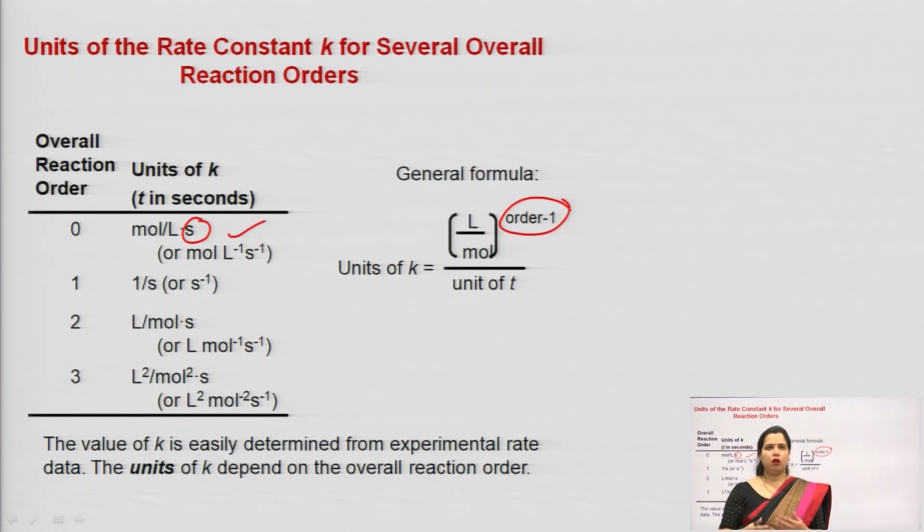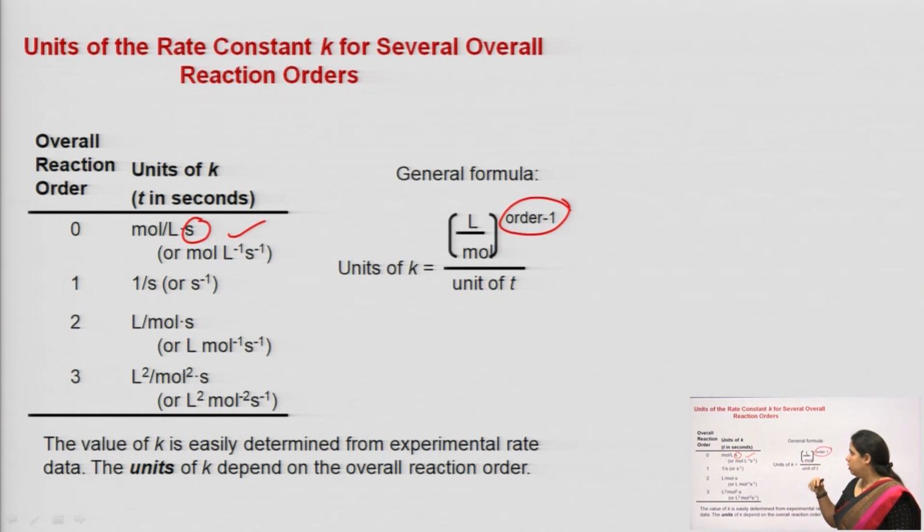So, we can put in the values to identify the rate constant of a particular reaction. So, order minus 1 has to be put here. First order is 1 per second, or second inverse. For second order, the units of k are L per mole per second, and for a third order reaction, the units of k, with t in seconds, are L squared per mole squared per second.